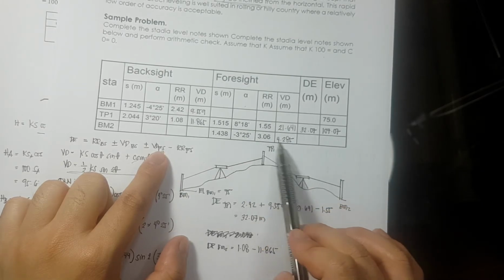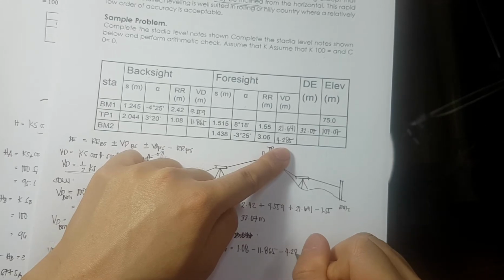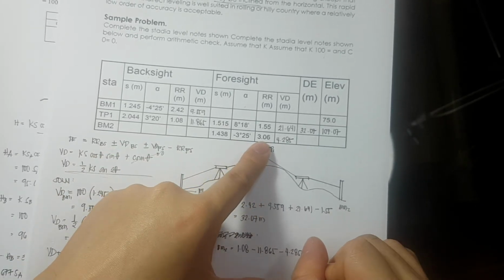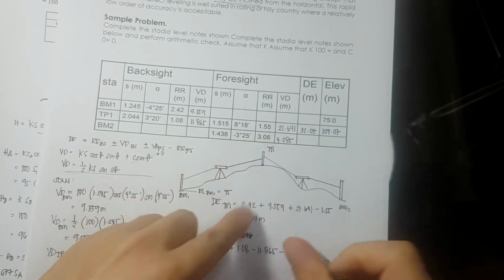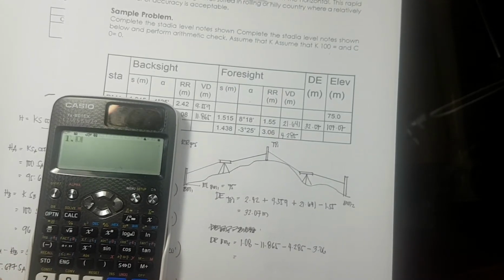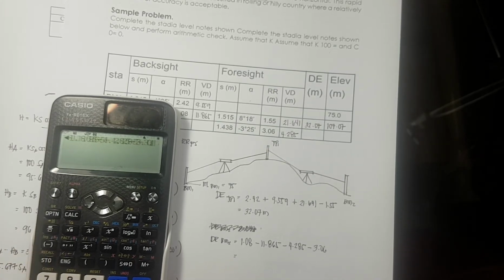So, VD of the foresight is 4.285 minus the rod reading of the foresight, which is 3.06. So, yun, minus. So, DE of BM2 is equivalent to 1.08 minus 11.865 minus 4.285 minus 3.06.